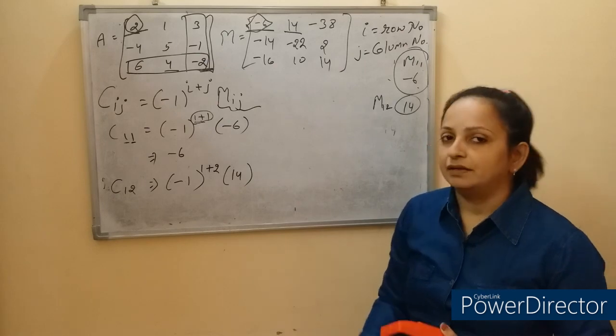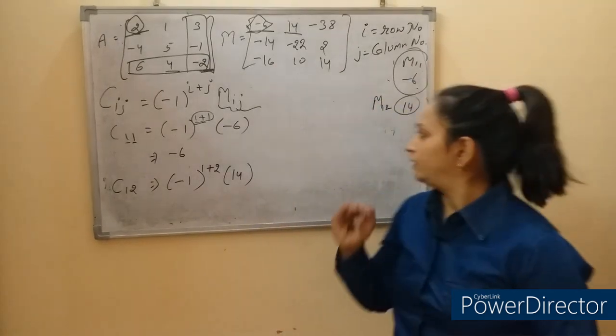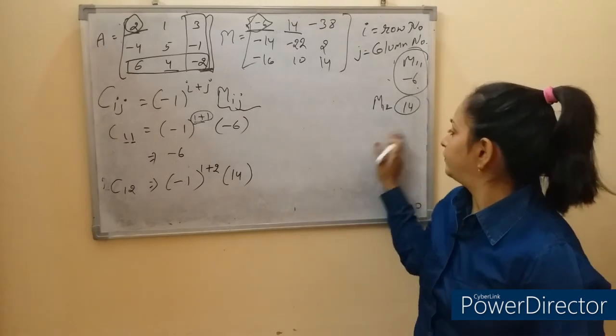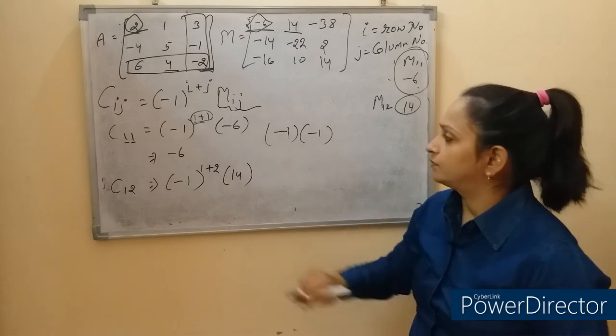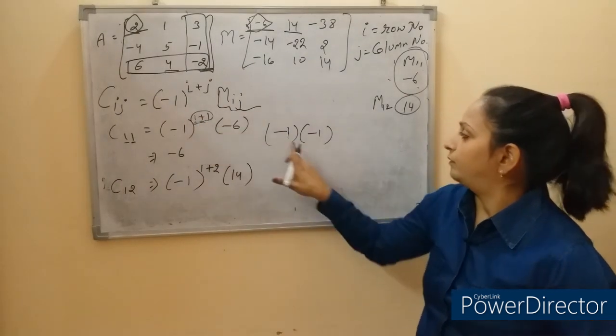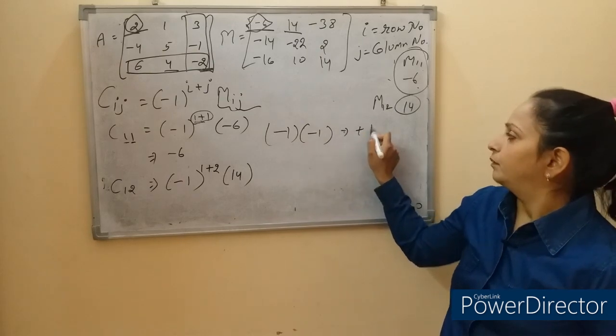Okay, so minus 1 raised to power 3 is equal to minus 1. If you are still not sure how to do the power of minus 1, you can do it like minus 1 into minus 1. So when I have the power 2, minus into minus is plus, so I will get a plus 1.